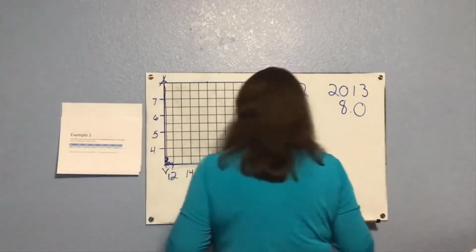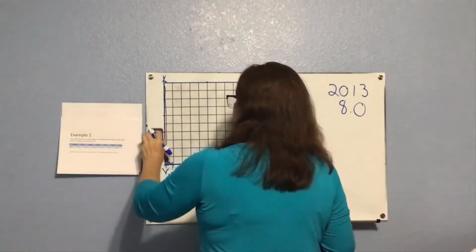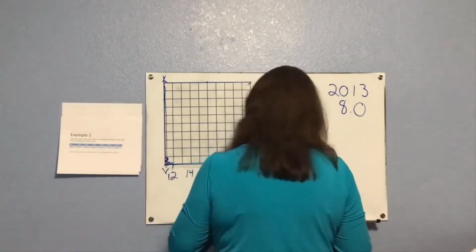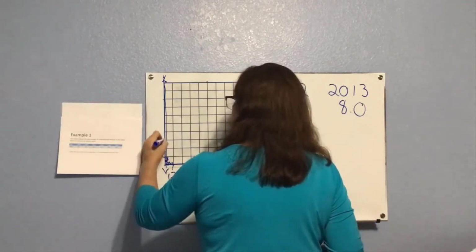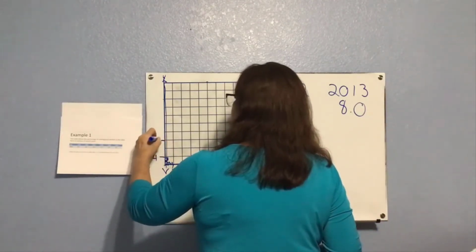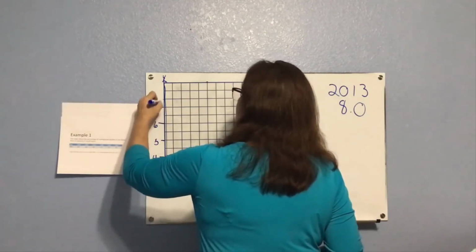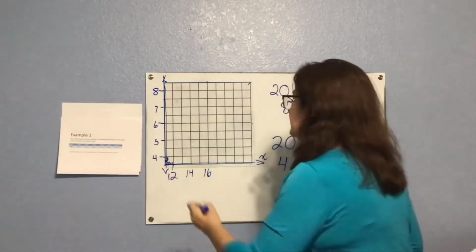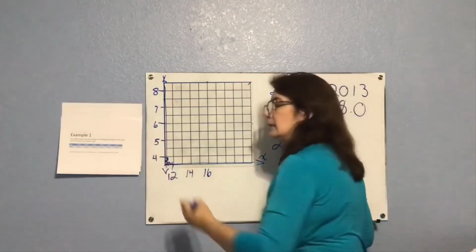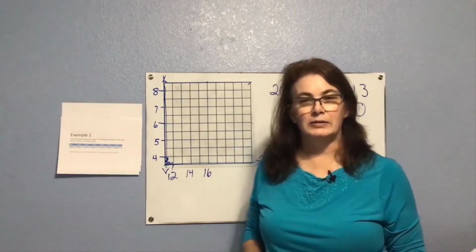I'm going to make that a little bit lower so that 8's not right at the top. So we'll say we start here at 4, 5, 6, 7, 8.